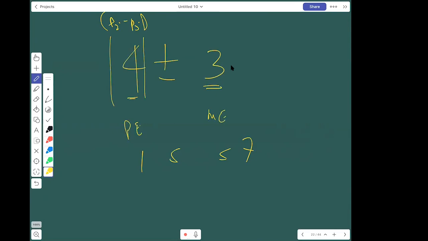But what if I had 4 plus or minus 6? Notice now that the 6 is bigger. So this value is equivalent to the critical value that we saw earlier. Because this is bigger, the lower limit will be negative, minus 2 to 10.